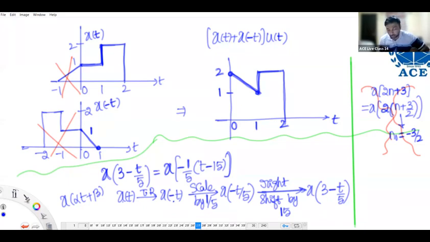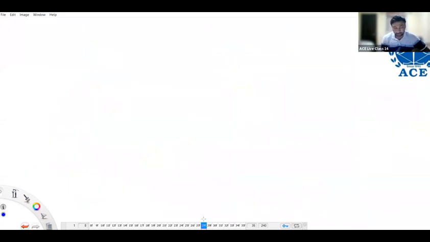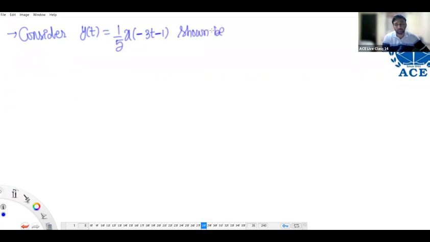Consider y of t equals one by 5 times x of minus 3t minus 1, shown below.